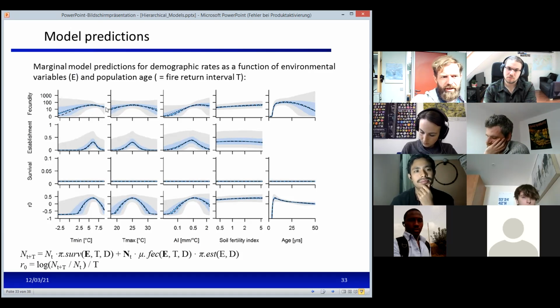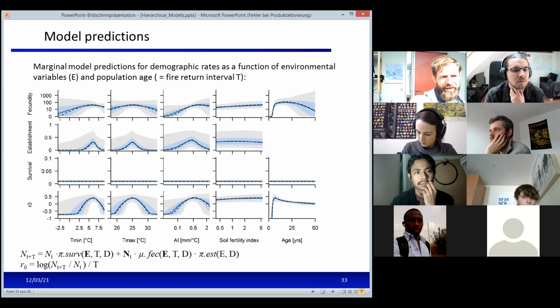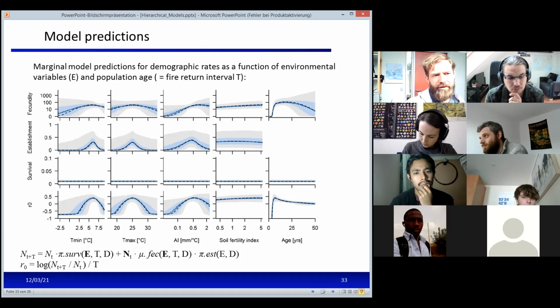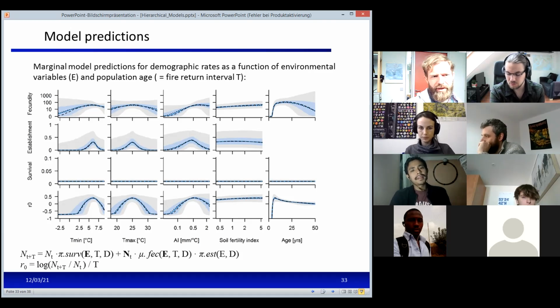Again, it's a posterior predictive distribution where the blue line is the median, then in blue we have a 50% credibility interval, and then in gray a 95% credibility interval. And you see that in some cases these are quite wide, because they include all this uncertainty from these different sources, including uncertainty about the pre-fire fecundity of these burned sites.